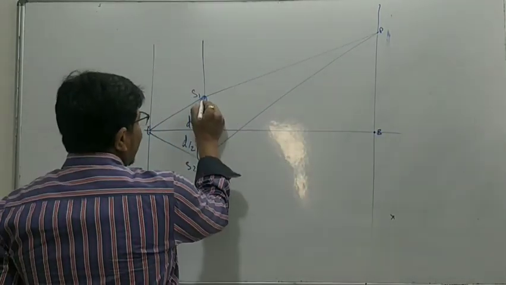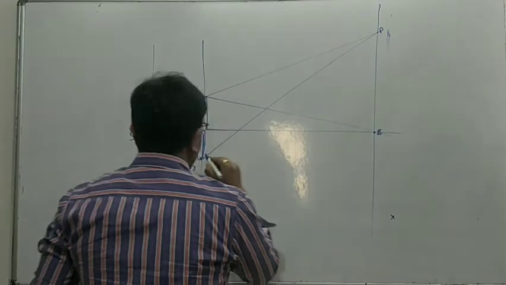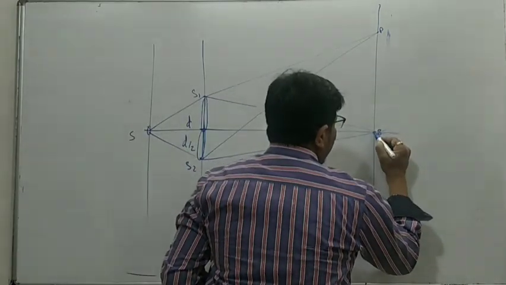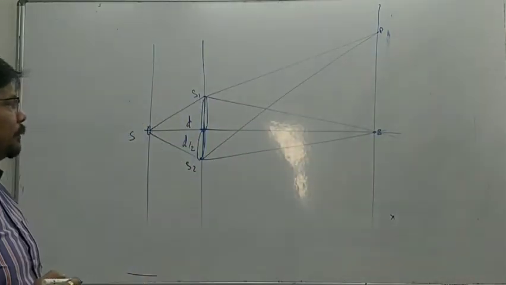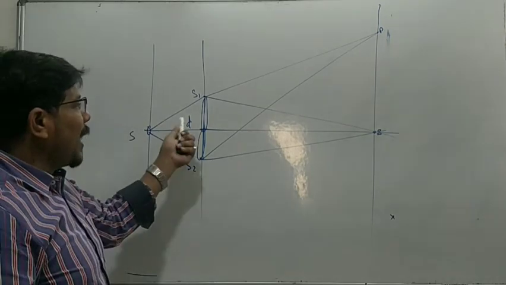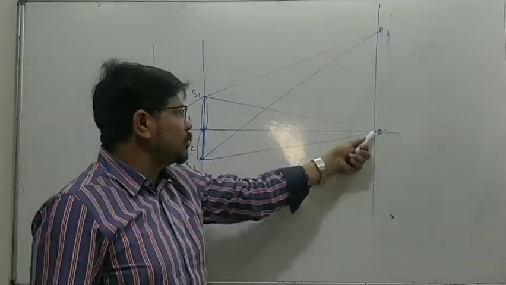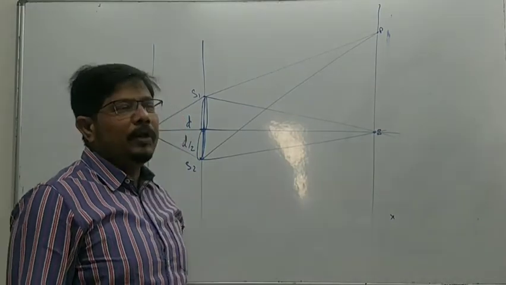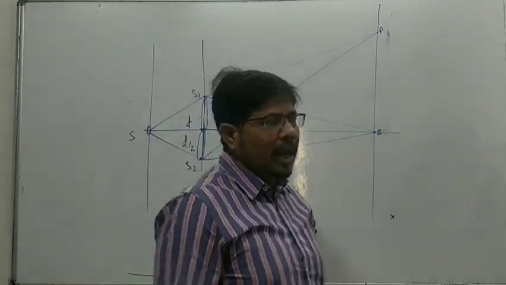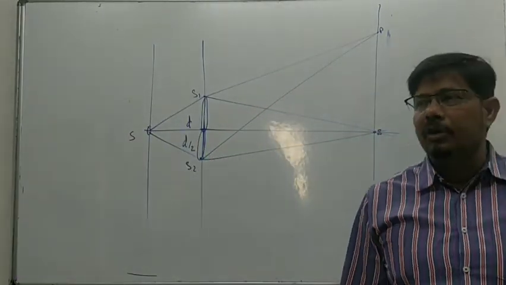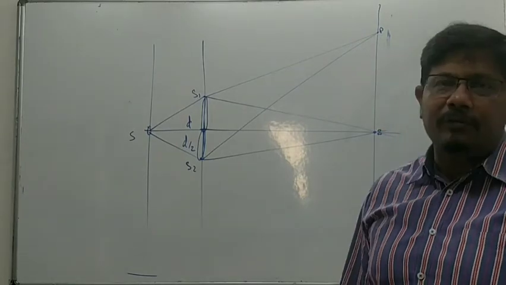Because from this point and from this point, we get a path difference of 0. Due to the 0 path difference, we get maximum intensity of light, and we can say it is a bright fringe.